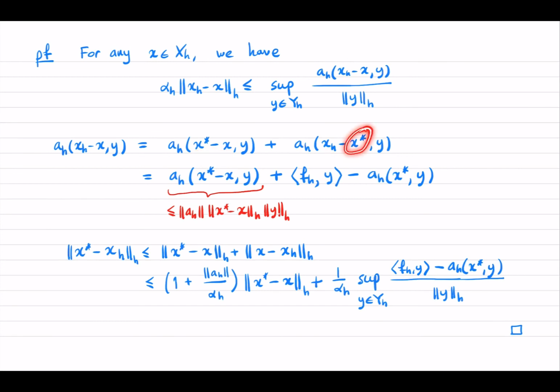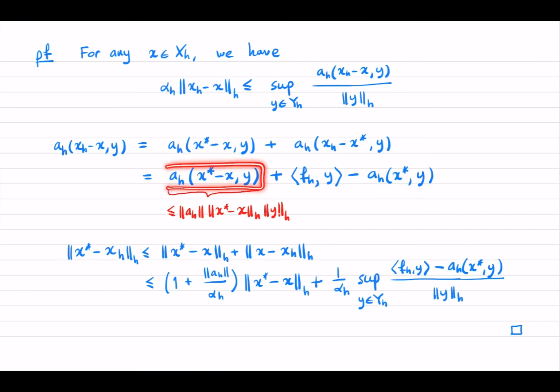So this minus x star and plus x star will cancel to give us x_h minus x, that is here. Then we write this simply: a_h applied to (x_h, y) is equal to f_h(y). That is because x_h satisfies the discrete Galerkin equation. And we write a_h applied to (x star, y) simply here.